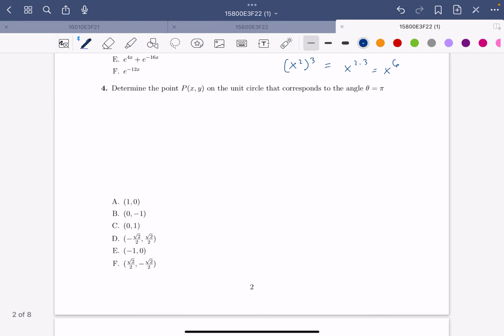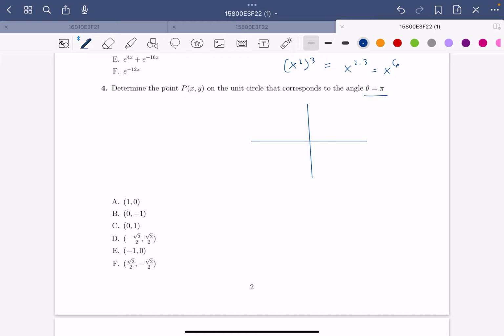Number 4, determine the point P of x, y on the unit circle that corresponds to the angle theta equals pi. So this is a really common angle, but again, I want to draw my coordinate axes to make this easier to see. If I draw my coordinate axes, we're looking for where the angle theta equals pi.